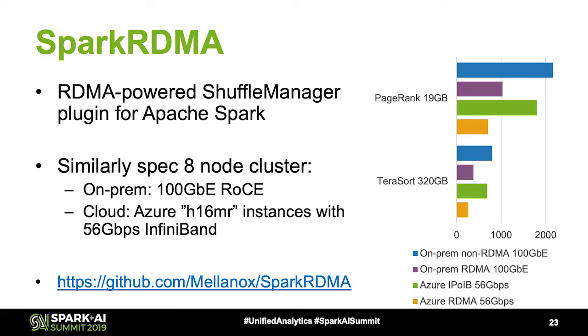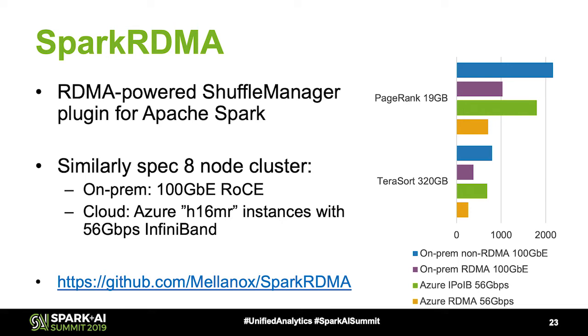So here we compare an on-prem RDMA cluster and Azure Cloud with RDMA. Here we can see that on-prem or on cloud, it gives around 2.1x performance improvement, and it's visible on both cloud and on-prem.